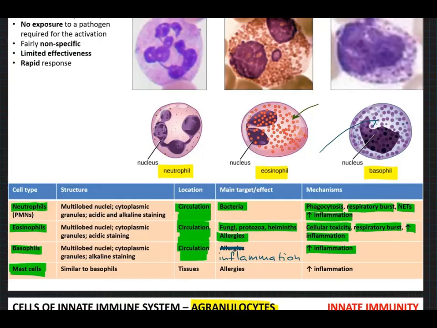Mast cells in the tissues are not solely, but largely responsible for your inflammatory reactions. Now, if you ask yourself, why do we have mast cells that, like, are bad? They probably have some other role, and we still don't exactly know what their role in the immune response is.